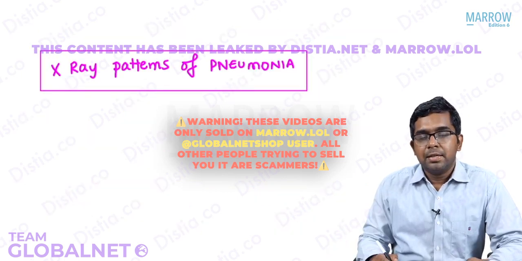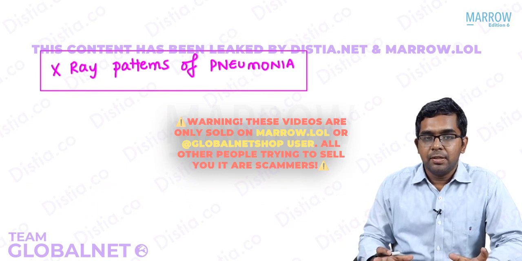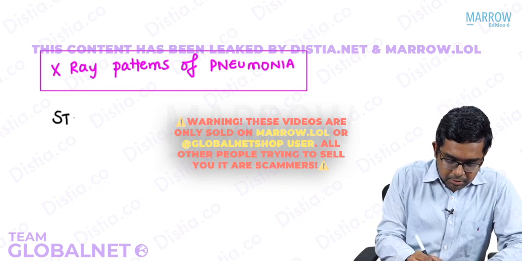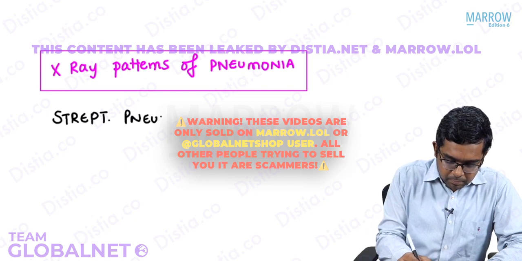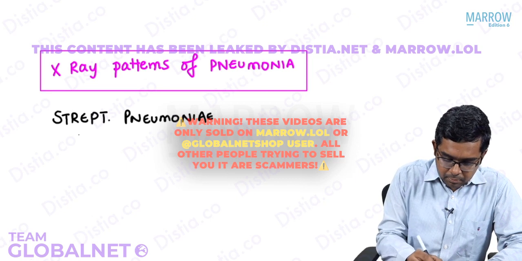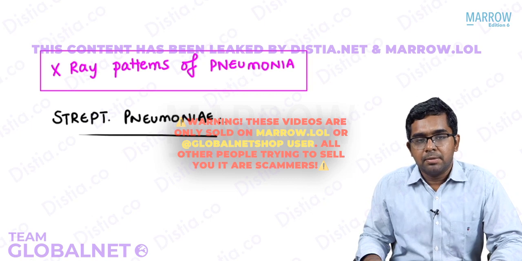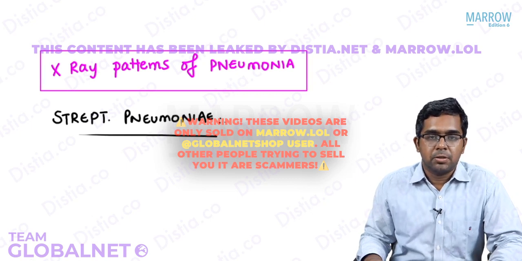Now let us look at X-ray patterns of different pneumonias. First is the pattern caused by the commonest organism. And what is that? Streptococcus pneumoniae. The pattern caused by this organism looks like this X-ray picture.